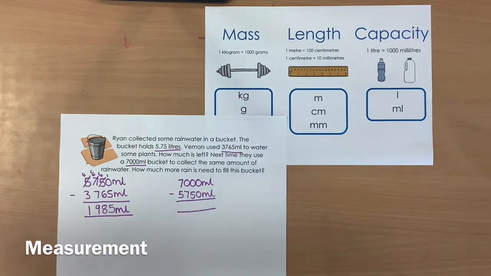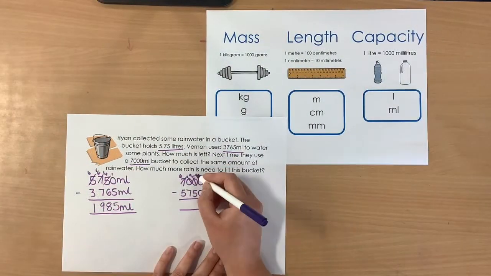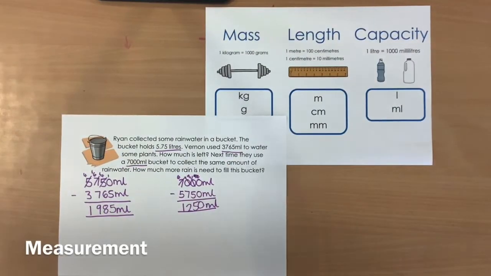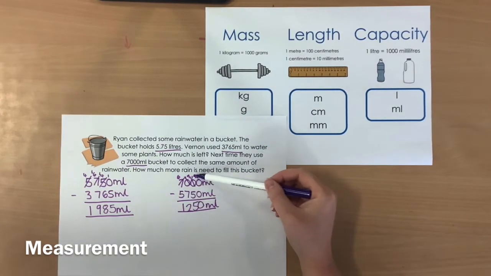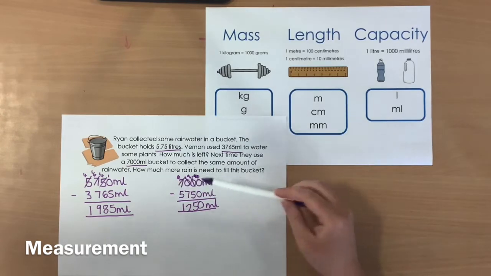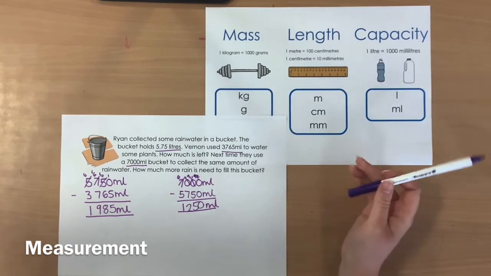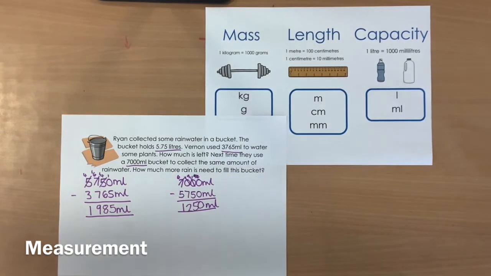So I'm just going to calculate that. You may have spotted my mistake there. I ended up regrouping too many times, so I just needed to cross this bit out. So they need 1,250 millilitres more rain to fill the bucket.